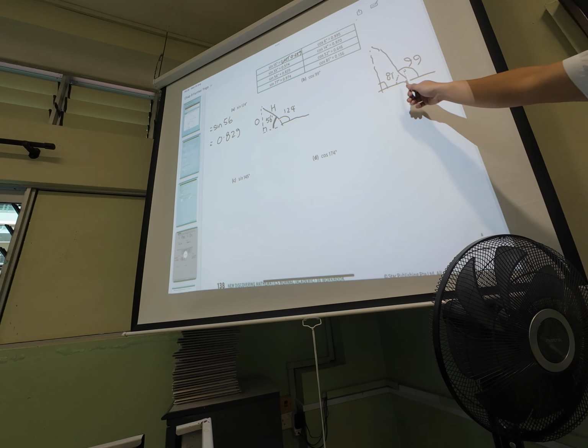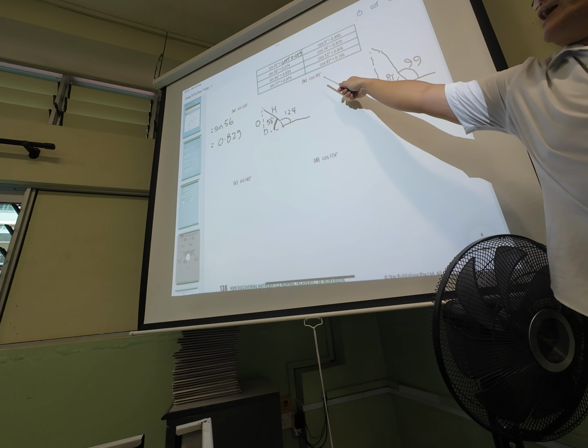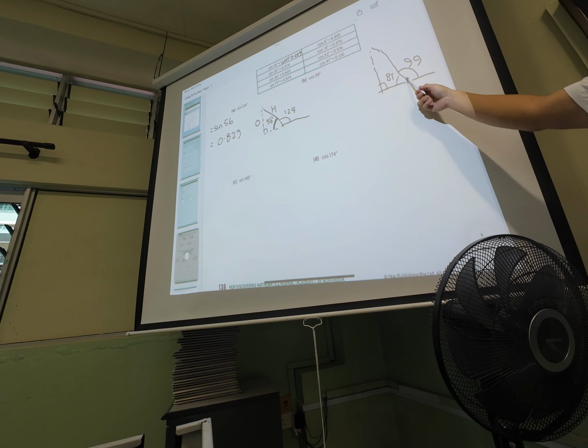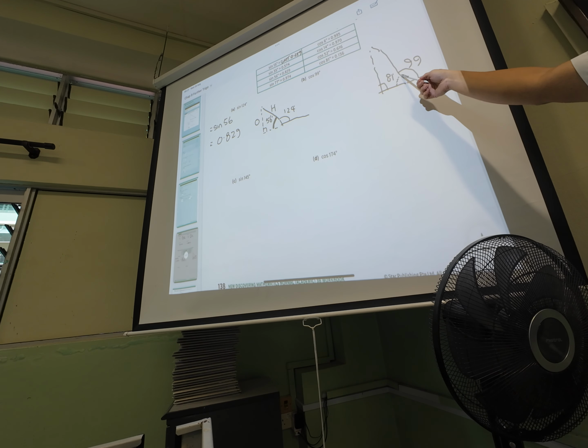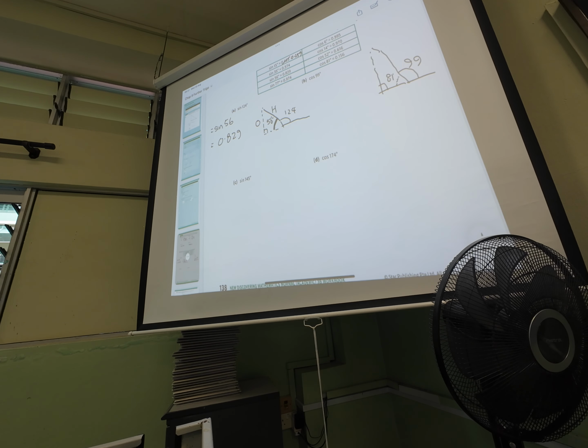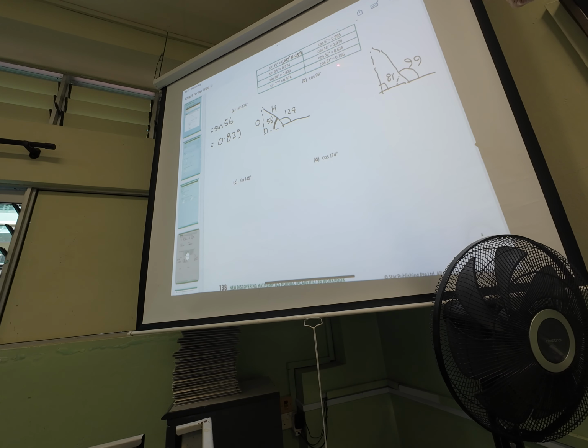So we must know that when they ask us for cosine 99, it is related to cosine 81. We must straight away identify that. Cosine 81 is inside your table. They give you already 0.156.